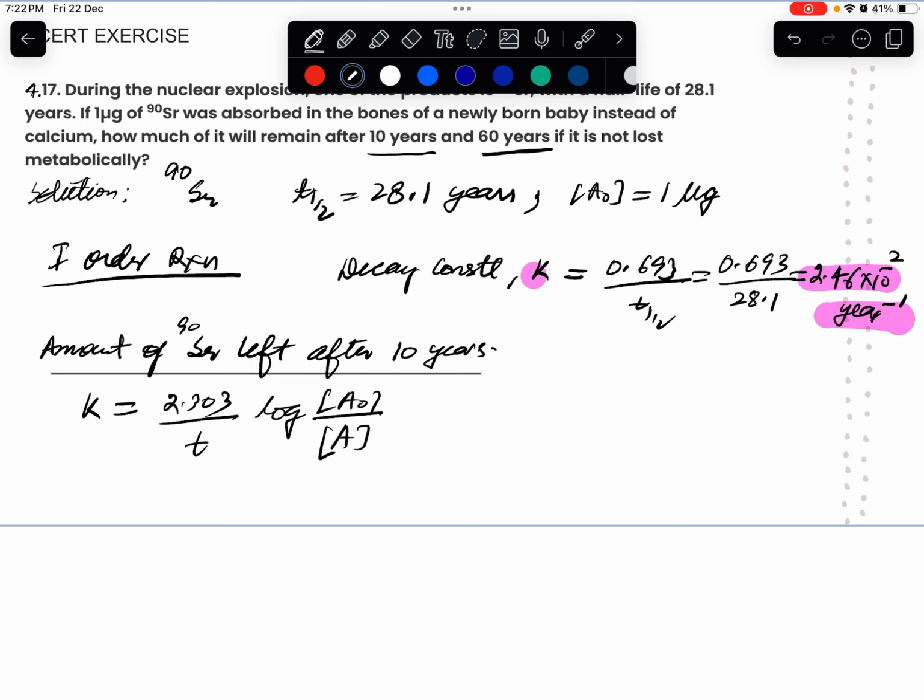Since we have the values in the log form, it is easy that first we rearrange the equation. We will keep log values on one side, so we can write it as K into time taken divided by 2.303 is equal to log A naught divided by A.